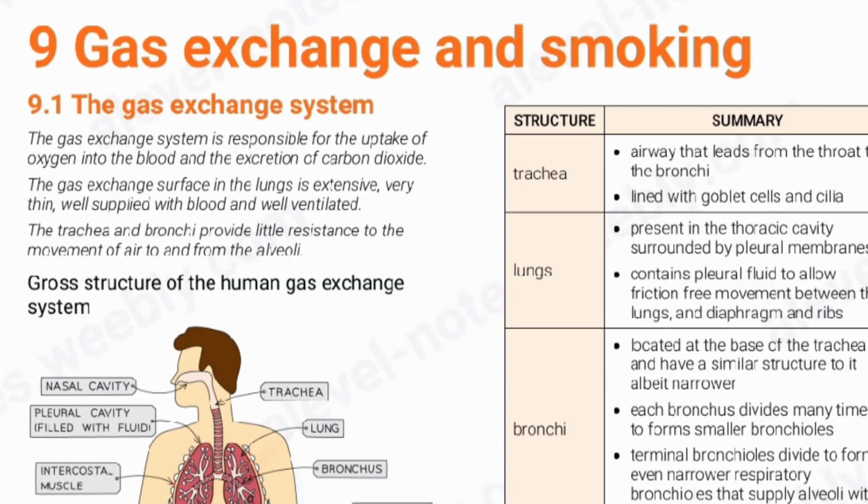Therefore, there is a need for specialized gas exchange surfaces, which are known as the alveoli. That's where oxygen can diffuse into the body and carbon dioxide can diffuse out.